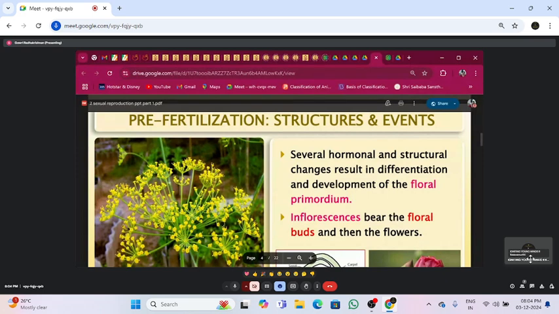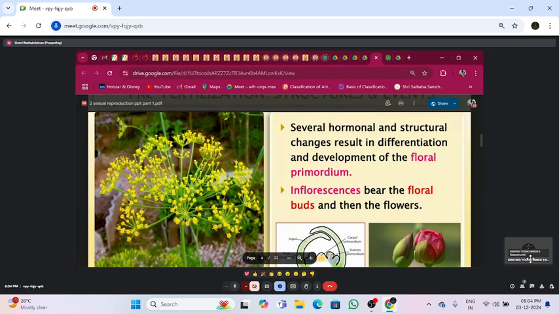What is the structure of the floral parts actually? Before the actual flower matures and is produced, in the floral primordium, sometimes it's like an inflorescence bearing floral buds, and then from that flowers come.